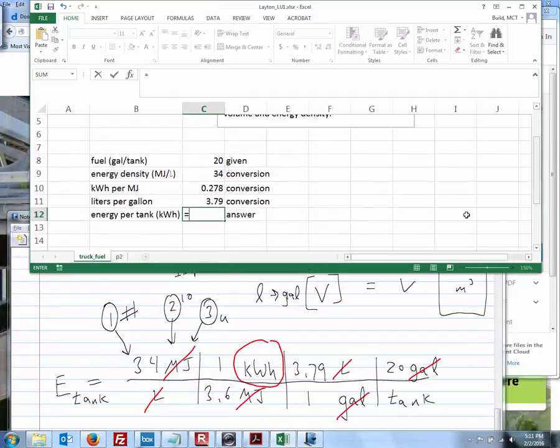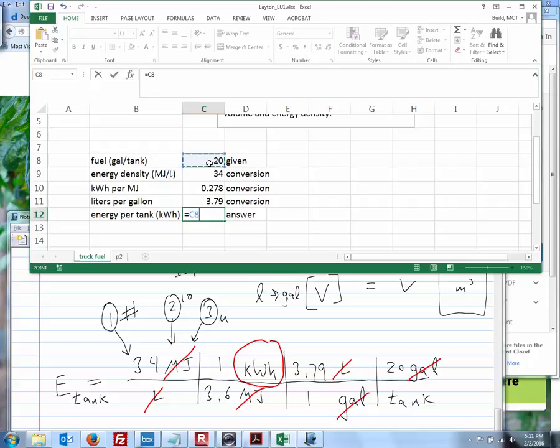Scroll down a little bit here. So equals, and I'm just going to start at the top, and I'm going to click on this cell, 20, because I know that's in the denominator, times 34, because I think I said denominator, numerator. Those are both in the numerator.